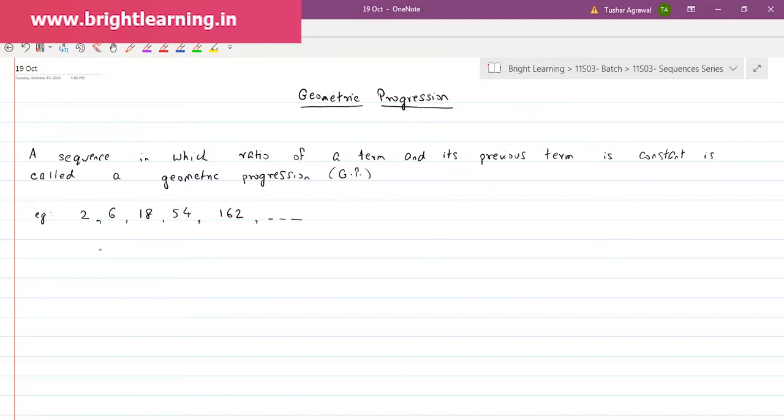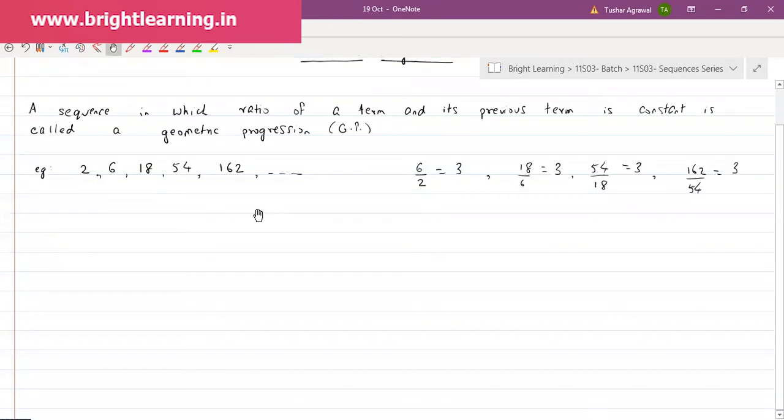Can you see that 6 divided by 2, the ratio of a term and its previous term, equals 3? 18 divided by 6, term and its previous term, is again 3. 54 upon previous term, that is 18, is again 3. 162 upon previous term is again 3. So this ratio is remaining constant. This is the example of a geometric progression.